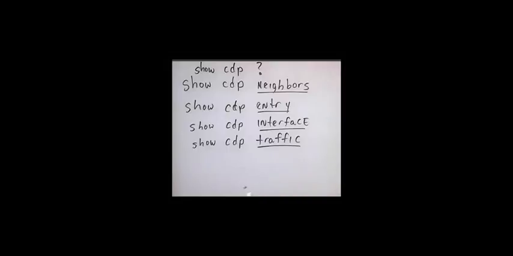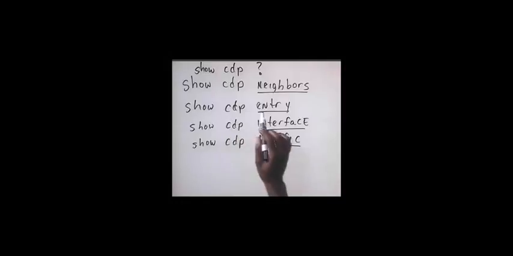You'll also see the local interface that the CDP packets came in on, the hold time, indicating the amount of time that this particular entry would remain in the table before the neighbor is assumed no longer there, the capability, whether it's a router or a switch, and also the platform, being a 2500 series or 2600 series router or a 1900 series switch or a 2550 switch. Also the port ID. The port ID would be the port that the information was learned on. The port ID would be the port that the CDP packets were sent out of on that neighboring device.